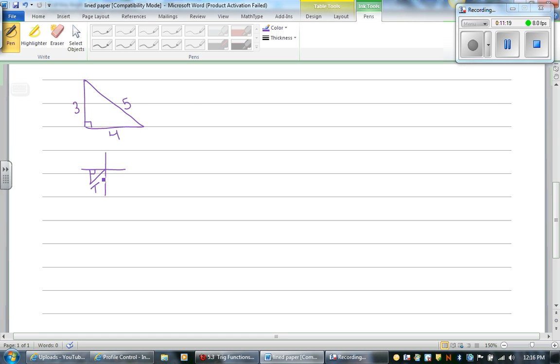Okay, so we're going to look for sine theta, cosine theta, tangent theta, cosecant theta, secant theta, and cotangent theta.